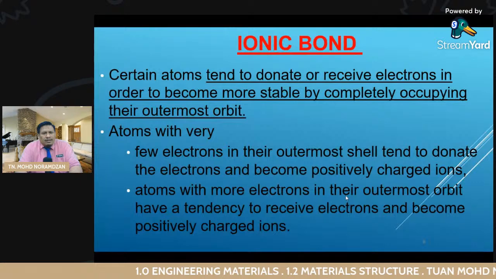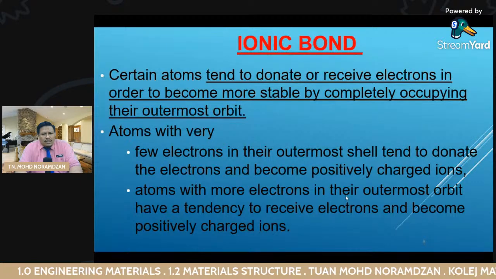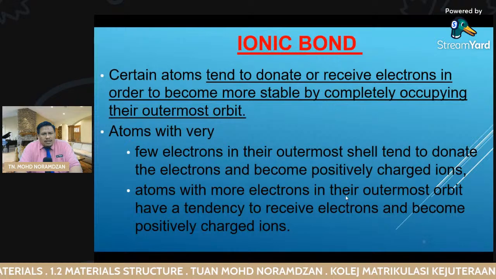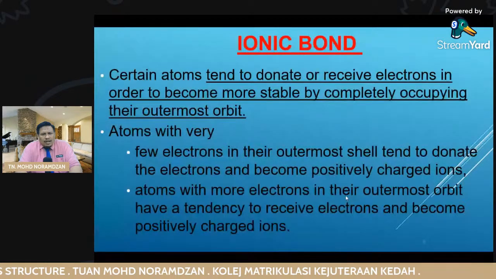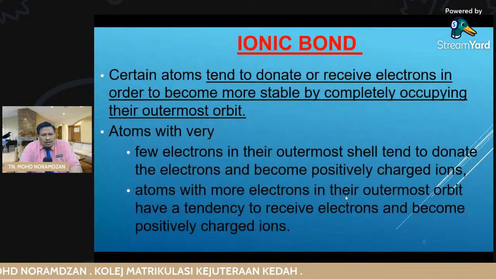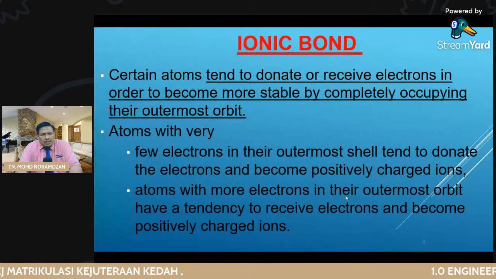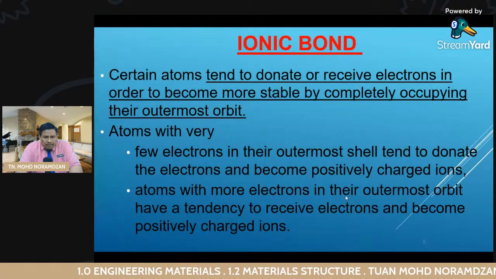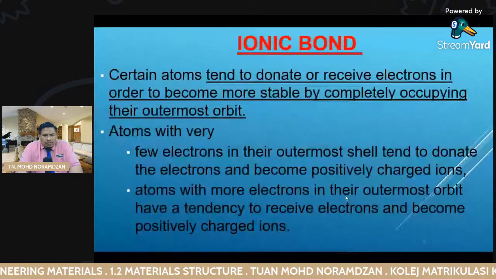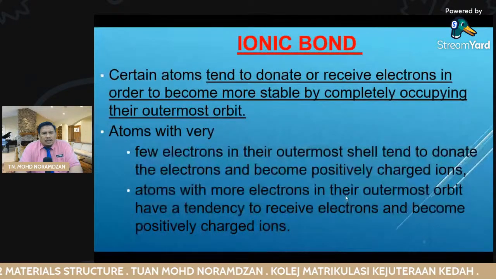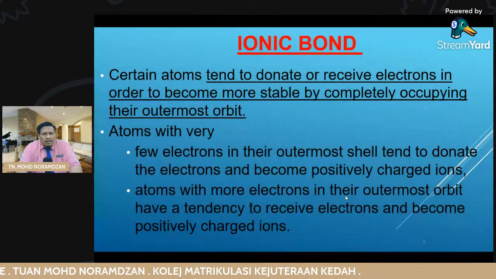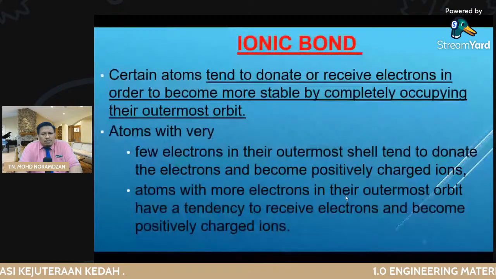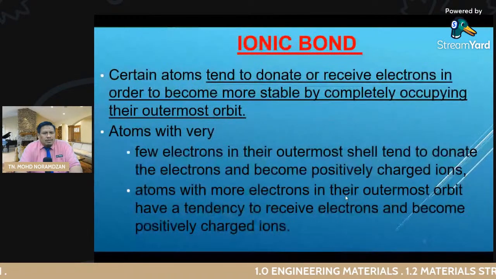Atoms with very few electrons in their outermost shell tend to donate them. Atoms with more electrons in their outermost orbit have a tendency to receive electrons and become negatively charged ions, while the donors become positively charged ions. So atoms with few electrons in the outermost shell tend to donate the electron. And so you must know about the difference.